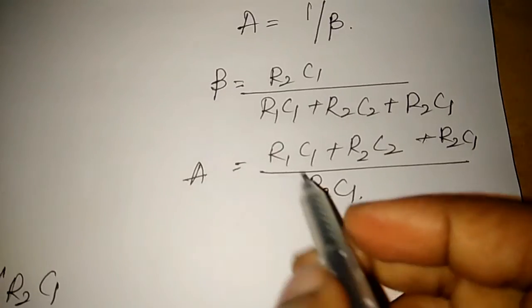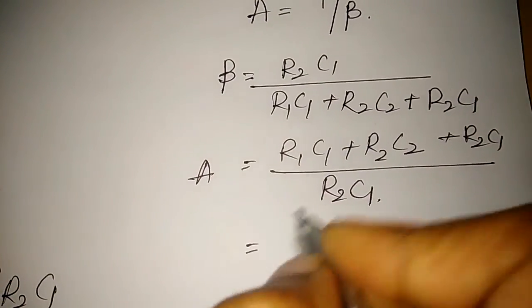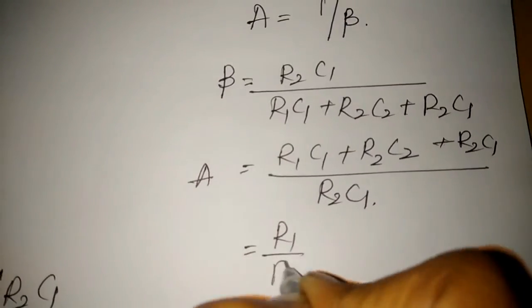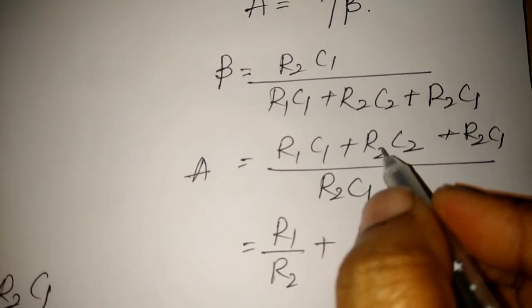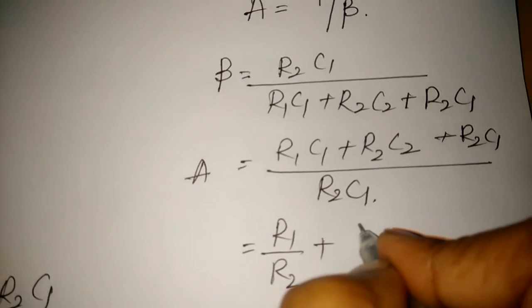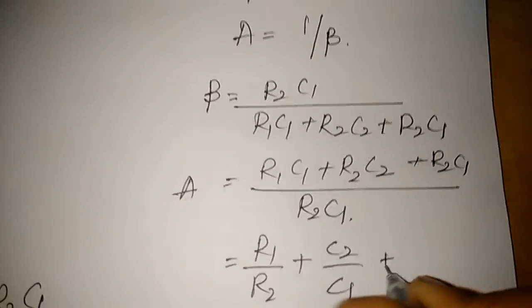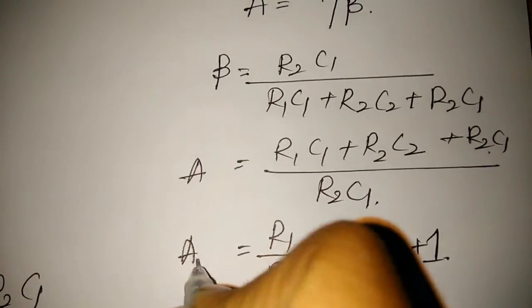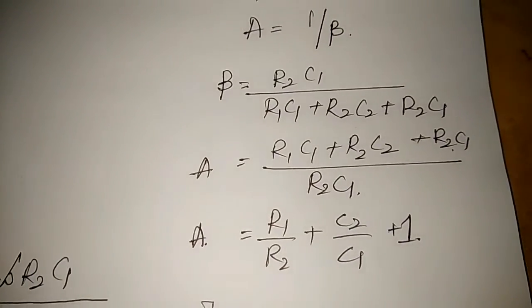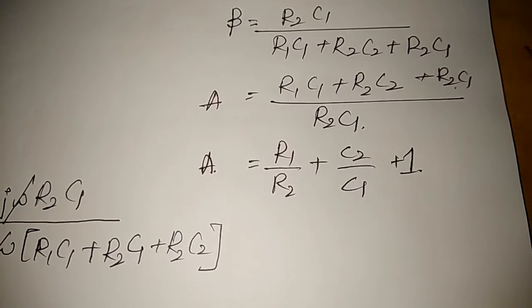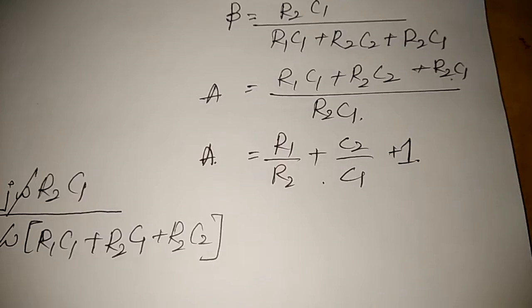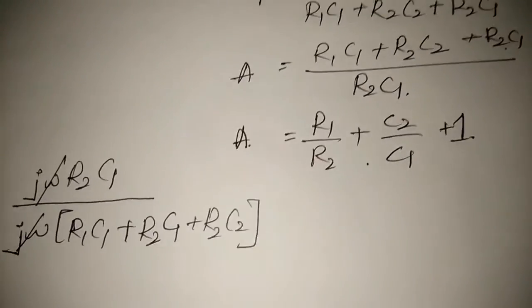So dividing this, C1 gets cancelled, you will get R1 by R2 plus, here R2 and R2 gets cancelled, you will get C2 by C1, and this gets cancelled and you will get 1. So A is equal to the gain of the non-inverting amplifier. We had taken op-amp based, right? And that too it is non-inverting.